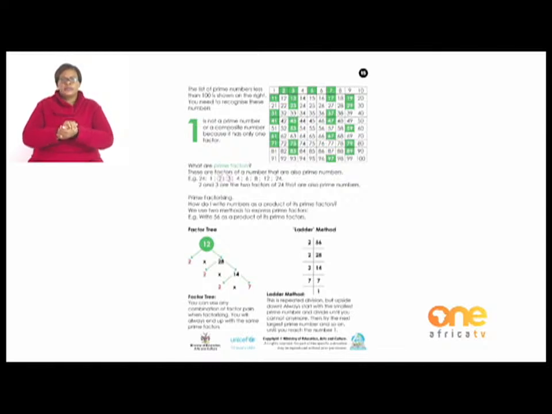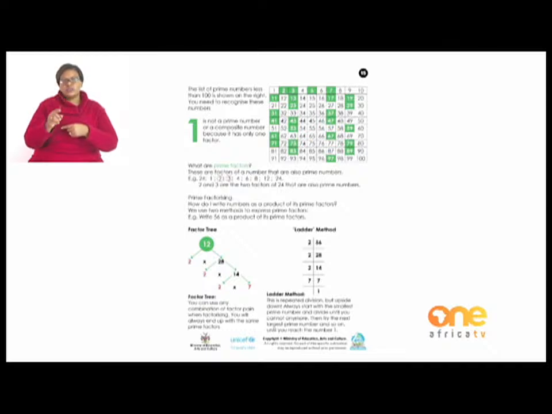Therefore, if you are to divide 56 by 2, you get 28. That's the reason why 2 multiplied by 28 gives you 56. In order to get 28, you use 2 times 14. And in order to get 14, you use 2 times 7.